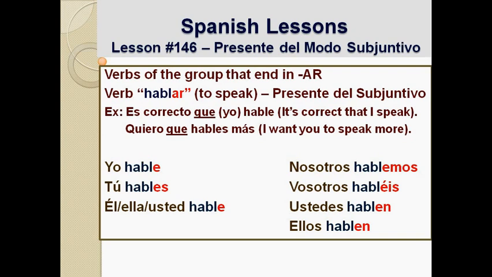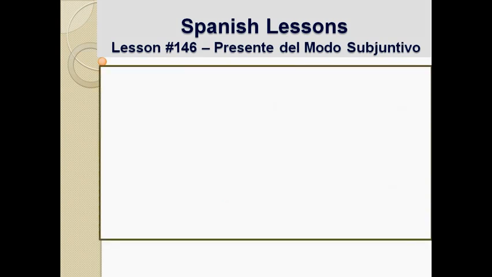And remember, Spanish is a formal language. Vosotros and ustedes, they are both the plural you. And vosotros is the pronoun that is used in Spain, while ustedes is a pronoun that is used in Latin America.